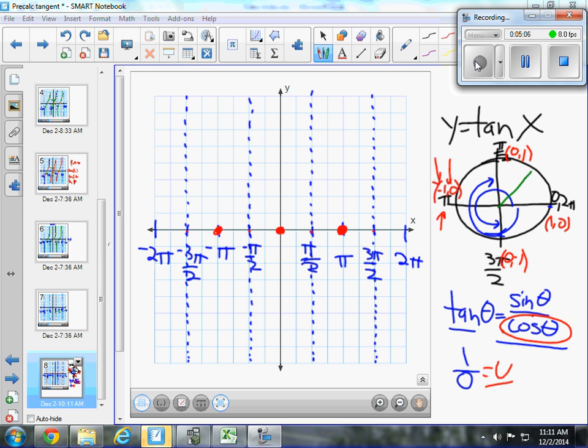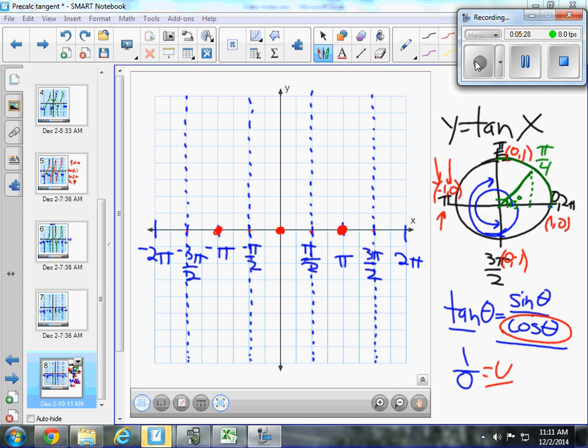This right here is the point pi over 4. I drop my perpendicular down. That is halfway between 0 and pi over 2. Between 0 and pi over 2 is a 90-degree angle, so cutting that in half makes a 45-degree angle.